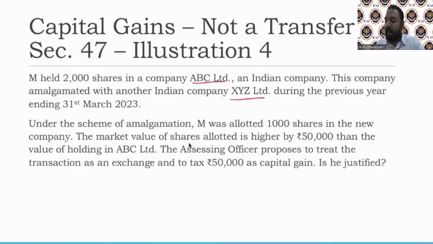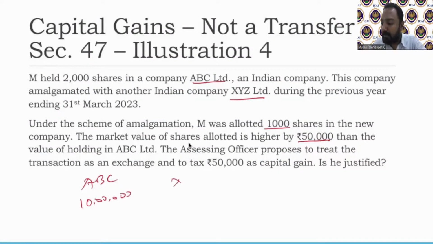Under the scheme of amalgamation, M was allotted 1,000 shares in the new company. So he had 2,000 shares in ABC, and now he is allotted 1,000 shares. The market value of shares allotted is higher by 50,000 than the value of holding in ABC Limited. Let's say his value in ABC of the 2,000 shares is 10 lakhs.